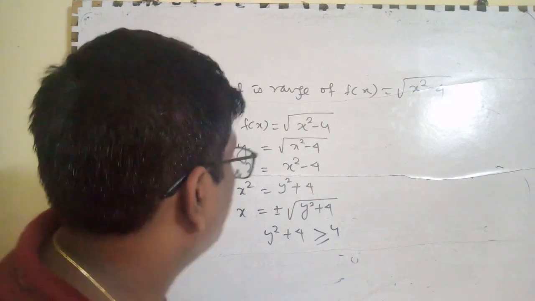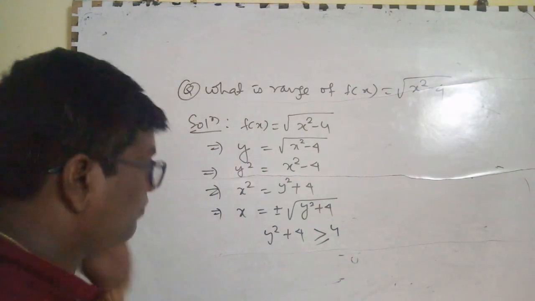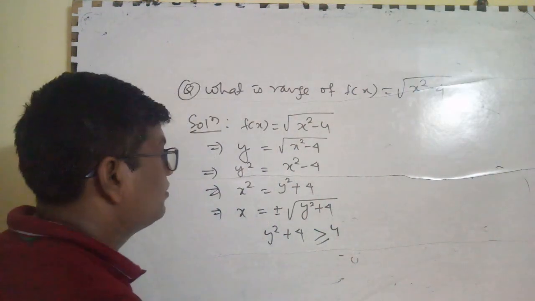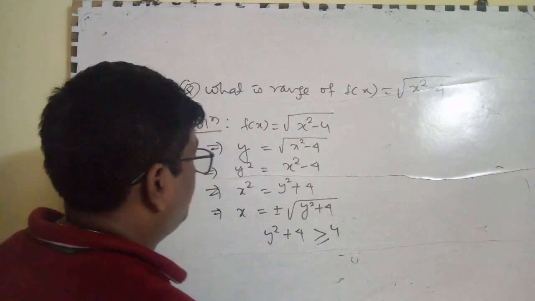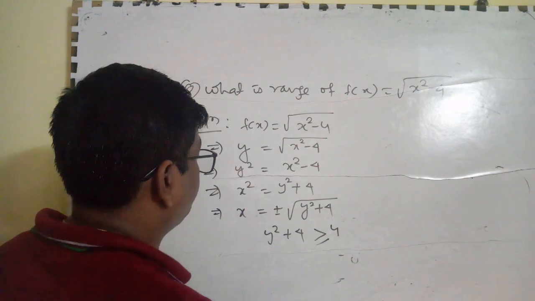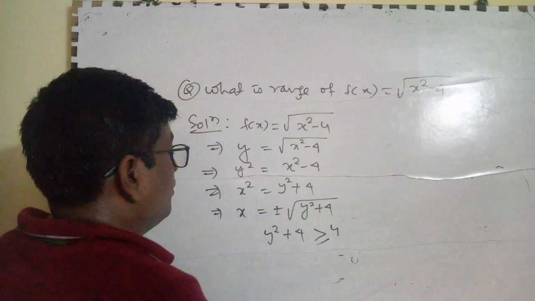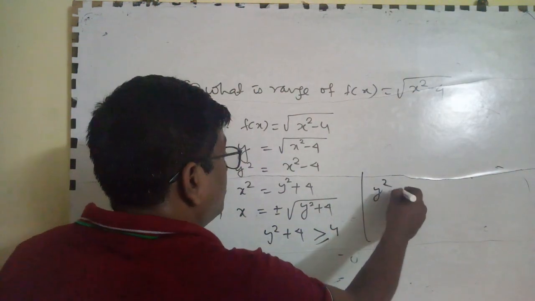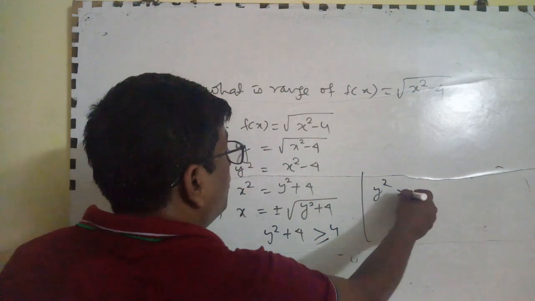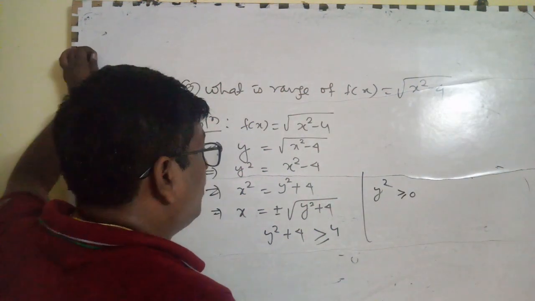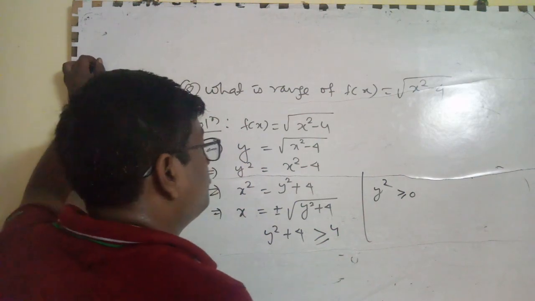What is the range of this function? The range of the function here is 0 to infinity, because we know y square is always greater than or equal to 0.